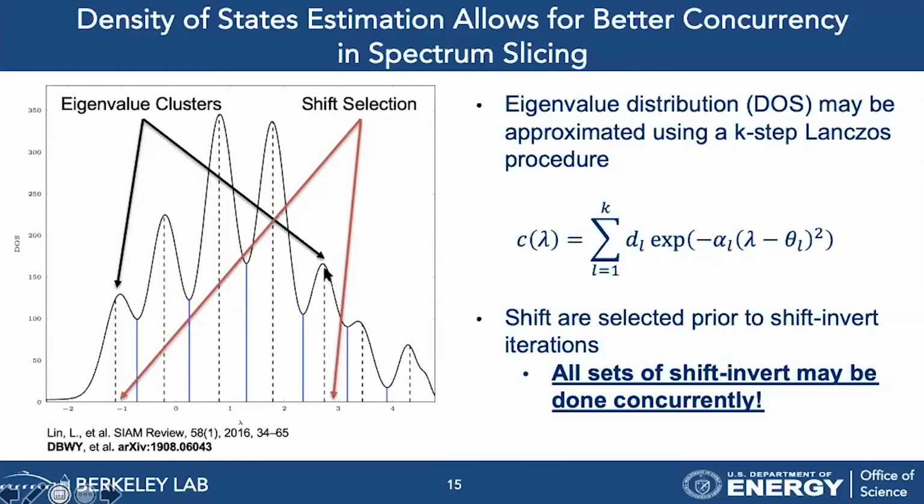So the peaks of this smooth function represent eigenvalue clusters in some crude way, such that we're able to integrate over these clusters to obtain shift selections in some approximate manner. So we're able to, for the entire spectrum or spectral region of interest, obtain all of the shifts all at once, such that each of the shift-invert iterations can be done completely independently. So there's no subsequent shift addition after the first round of shift-invert iterations like current implementations.